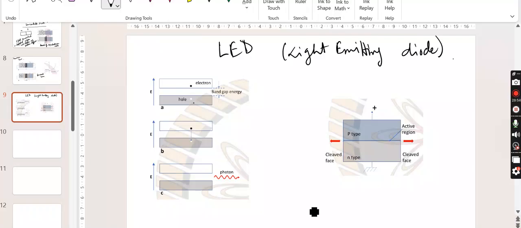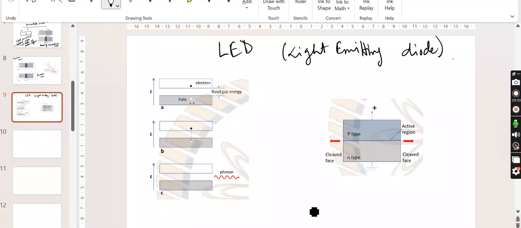So before this stage, how do we get to this stage, where the hole and electron have been created? We need a minimum energy that is a little bit more than the band gap energy. Then the electron is excited and goes from the valence band to the conduction band, creating an electron-hole pair.